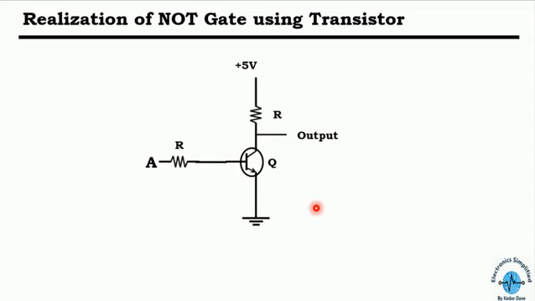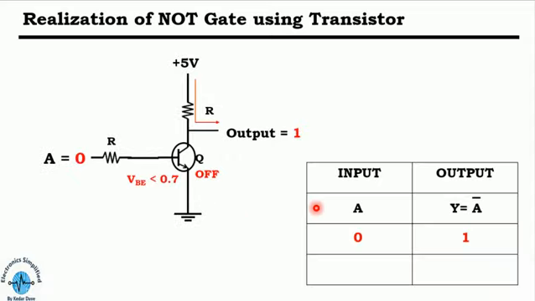For the first condition, we are providing the zero input as we are realizing the NOT gate. For the zero input, the voltage is below 0.7, and hence the transistor will be in the off condition. Hence whatever the biasing voltage is at the output side, it will provide you the one output.